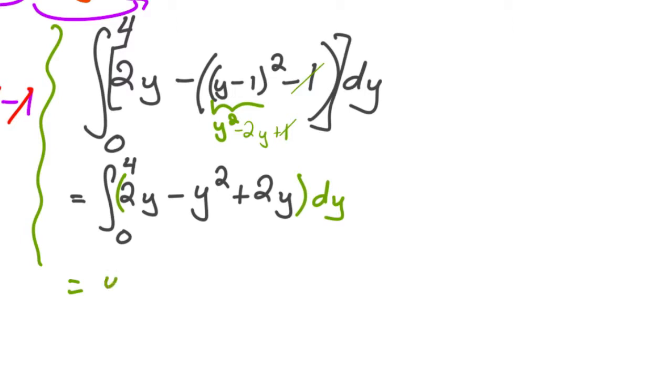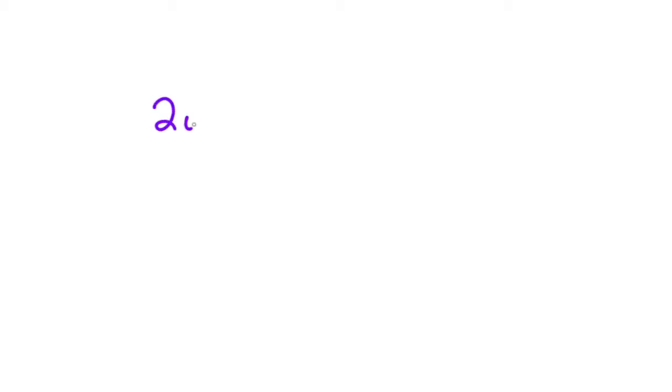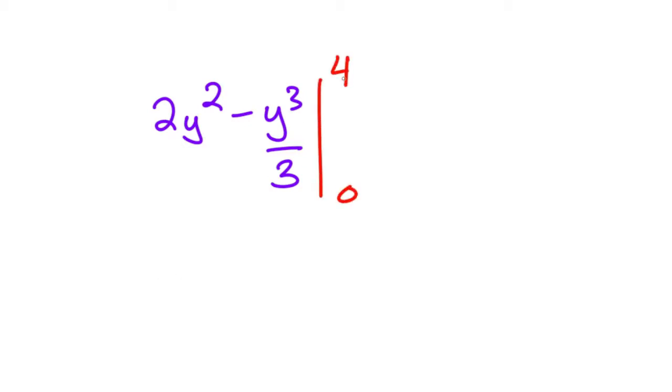Then I'll get the antiderivative, which is y squared over 2 minus y cubed over 3 plus 2y squared over 2. I should have combined those two. So this would be 2y squared minus y cubed over 3, evaluated from 0 to 4.